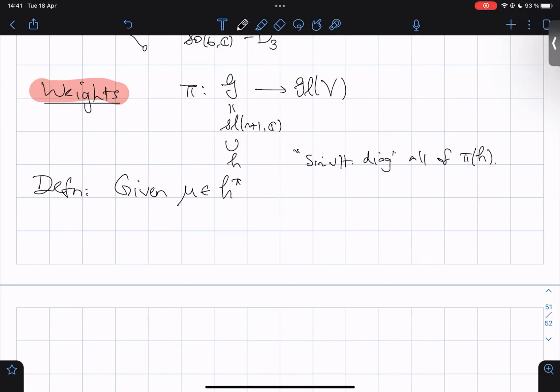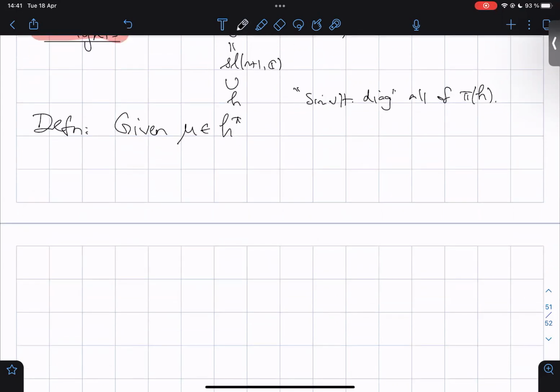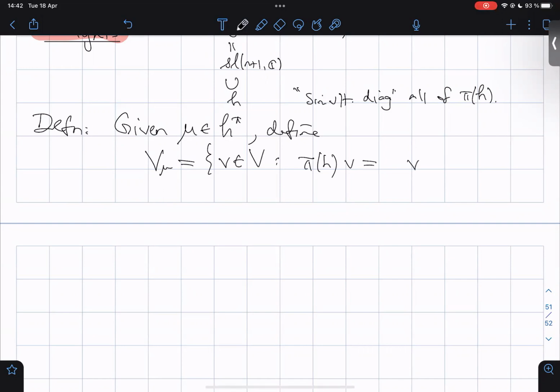So given an element mu of the dual, define V mu as those vectors such that when you apply one of these linear operators, pi of H, where H comes from the Cartan subalgebra, it acts as a scaling. My scalar here is mu of H. I shove the H into this functional, that's a number.